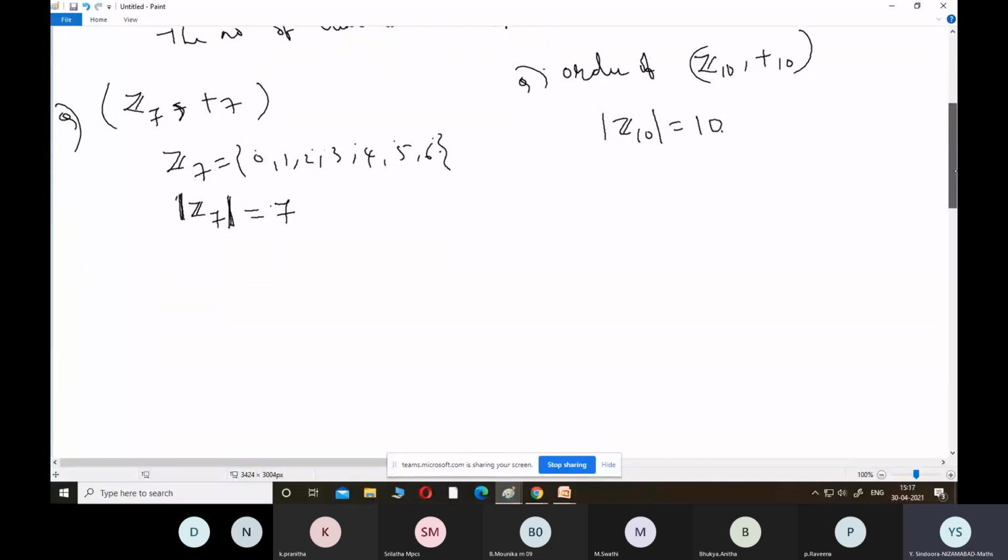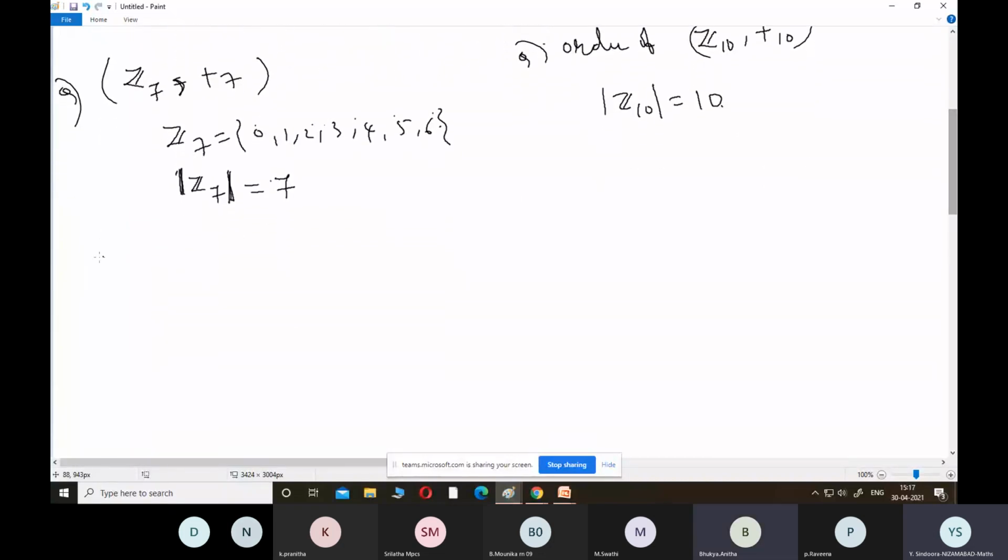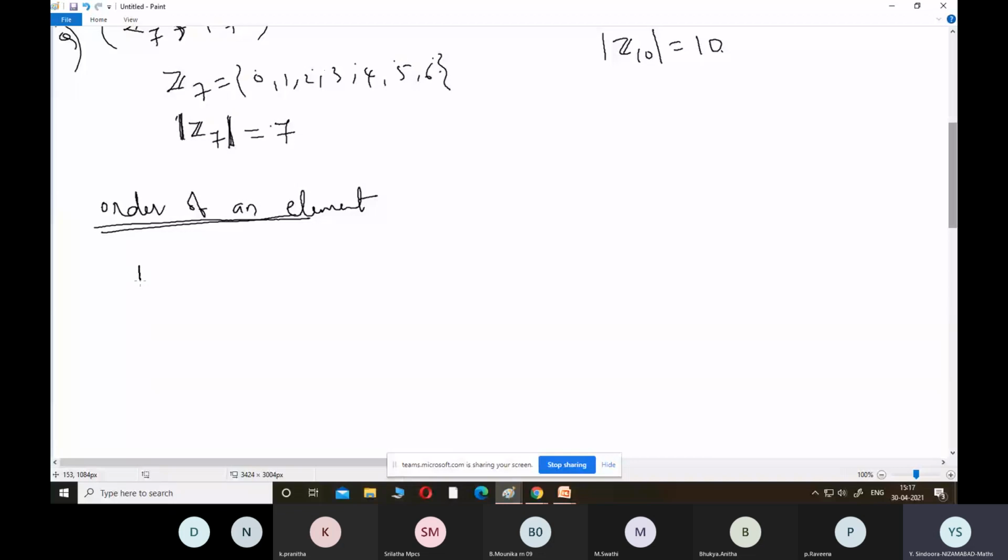What is the order of an element? Let us define it.